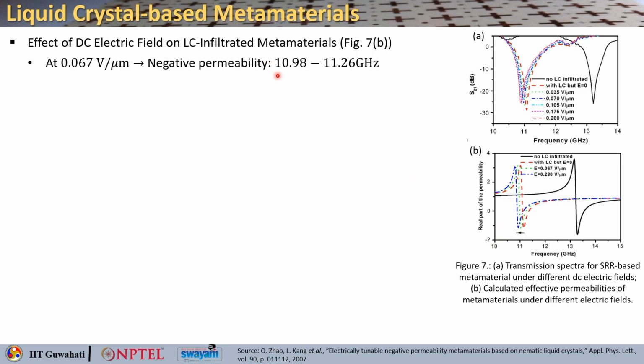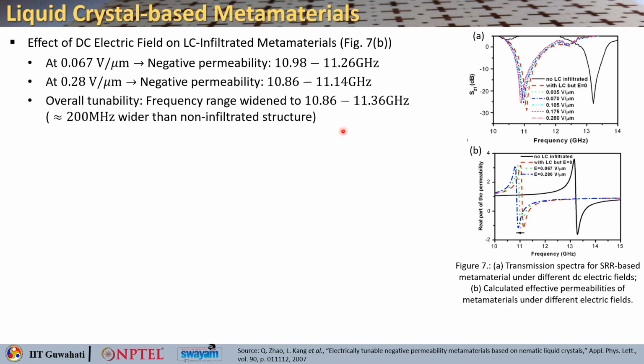It is now between 10.98 to 11.26 gigahertz, and if you further increase the field to 0.28 volt per micrometer, it further shifts towards lower frequency. Lower frequency is a red shift in terms of wavelength, so you can say these are undergoing red shift.